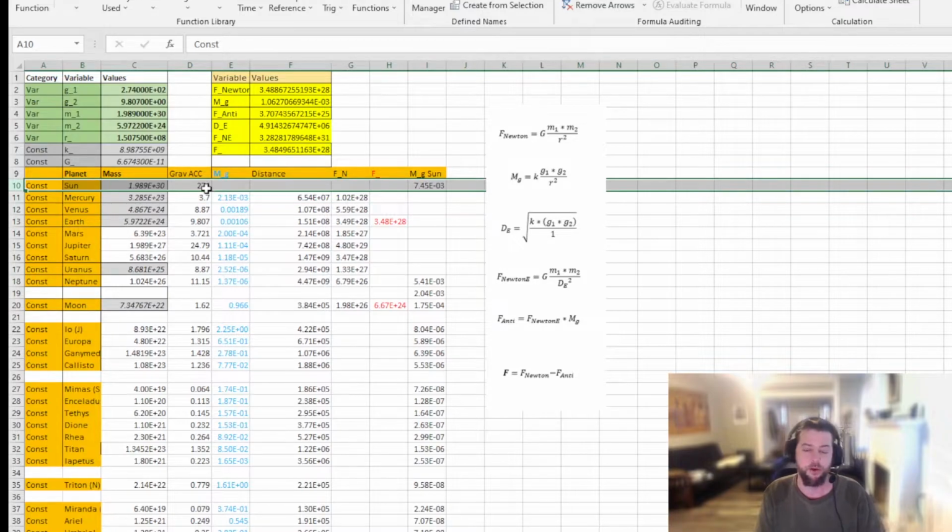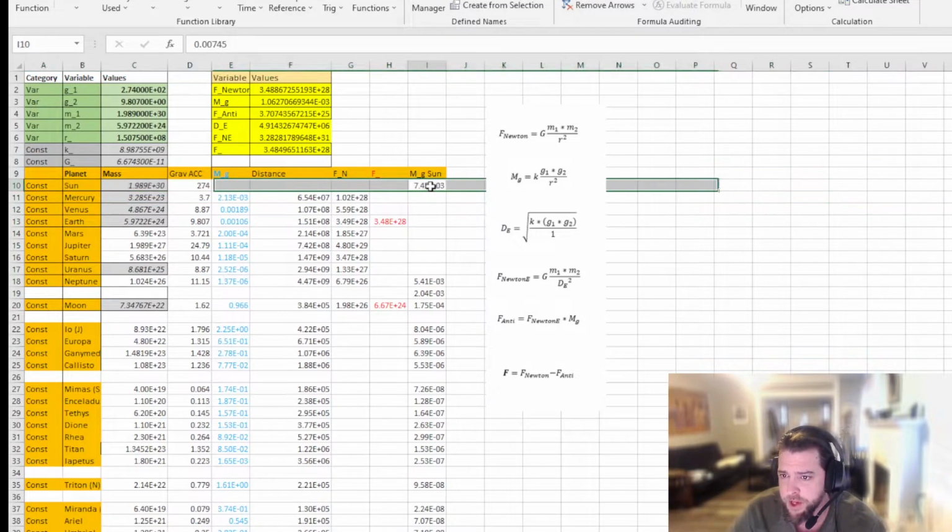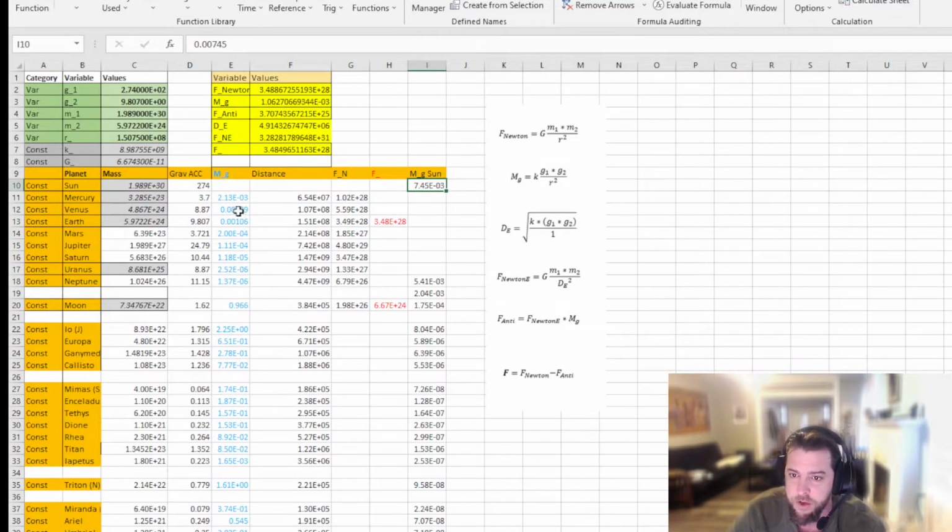We don't know for everything, at least not to my knowledge, but we do have it for a lot of stuff. So just adding everything up, numbers, like say the Earth, we're looking for a 1, instead we get a 0.001. So that is about 0.1% of the number we're actually looking for to truly be in equilibrium, which we want to see, because I'm really looking for proof of this theory.